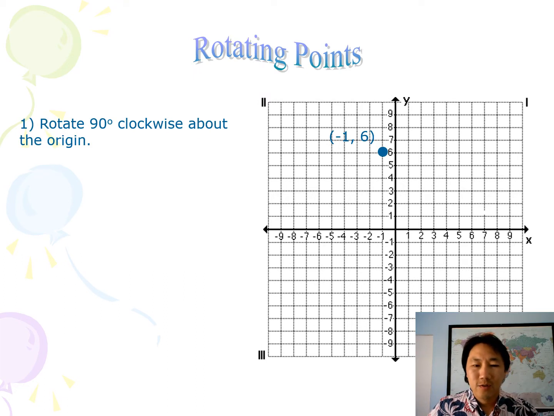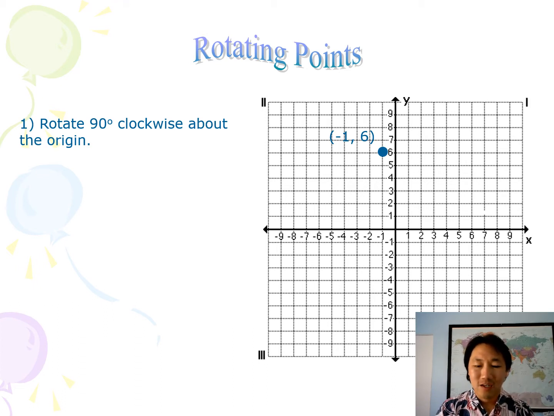Okay, let's go ahead and do some actual points on graph paper so we have exact answers, because drawing them freehand, you might be off by a little bit, but when we work on the coordinate plane, we're going to get the exact answer. So let's start off with this blue point, negative 1, 6. Let's go ahead and rotate it 90 degrees clockwise about the origin.